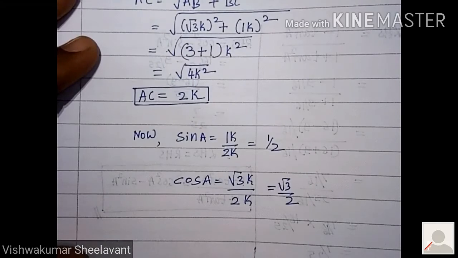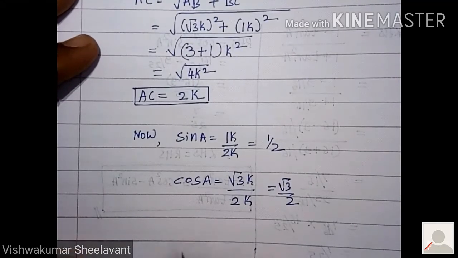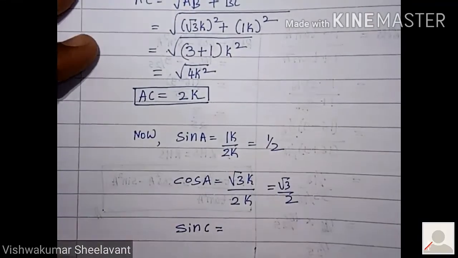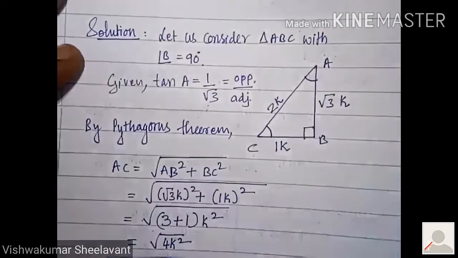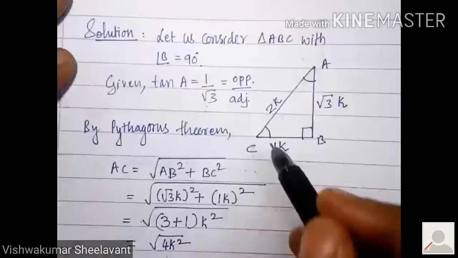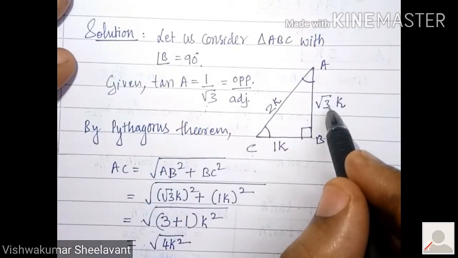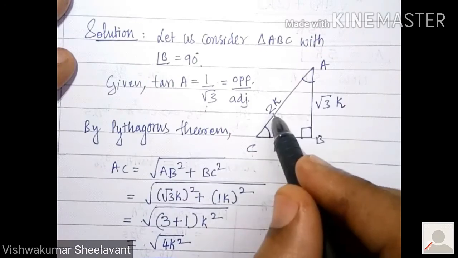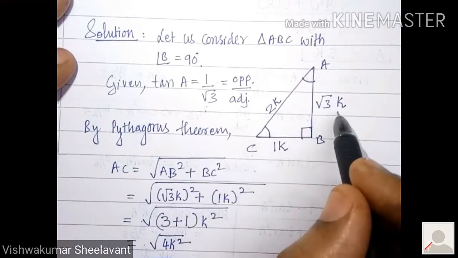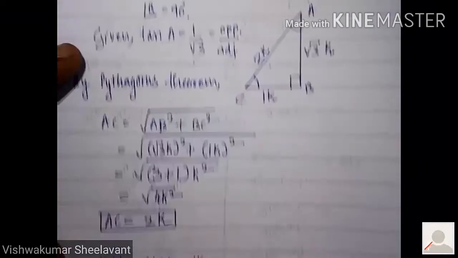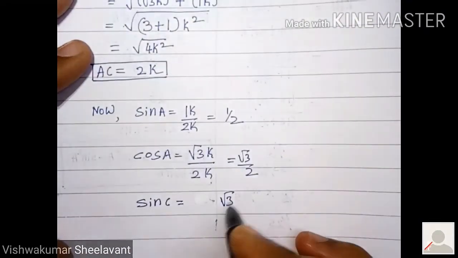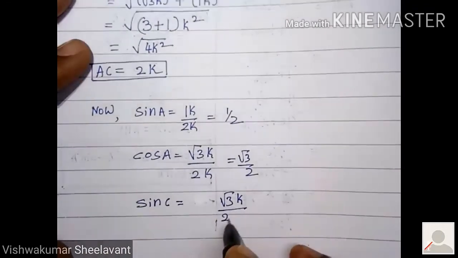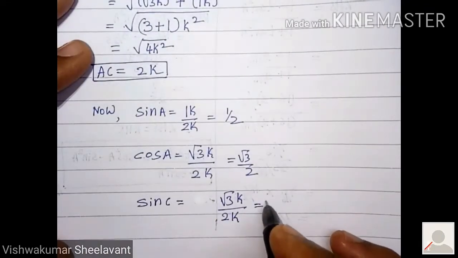Next you need sin C and cos C also. Sin C: opposite side is root 3K, hypotenuse is 2K, so root 3K by 2K, that is equal to root 3 by 2 only.